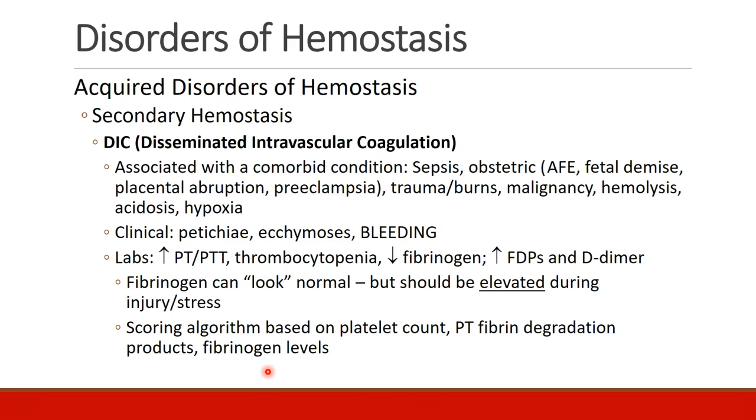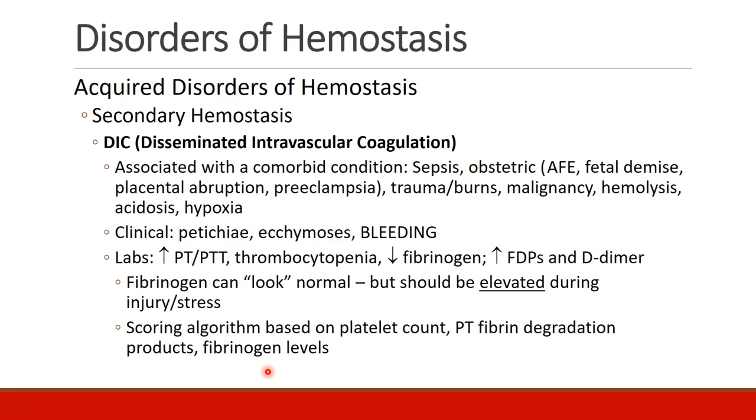Clinically, we see petechiae, ecchymosis, and other examples of bleeding. Lab studies may show elevated PT or PTT. We may also see thrombocytopenia. Fibrinogen levels will be decreased, and FDPs and D-dimer will be increased.